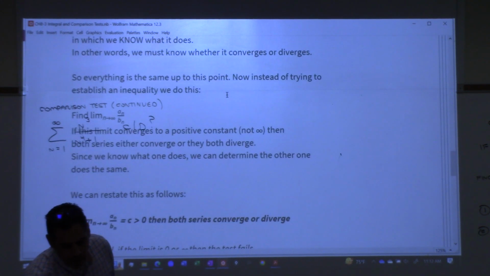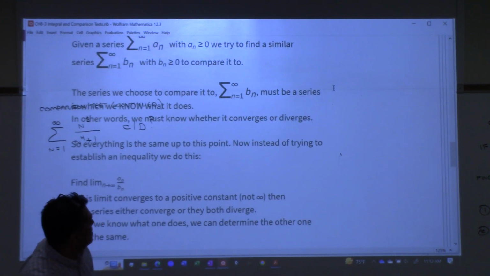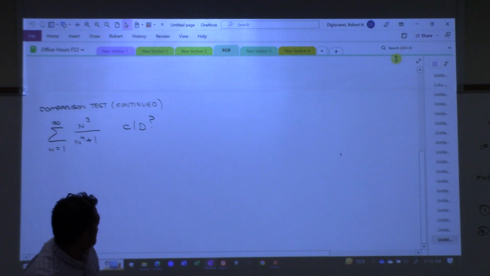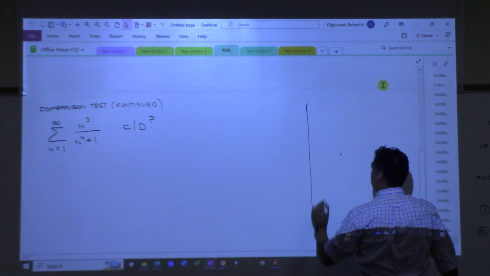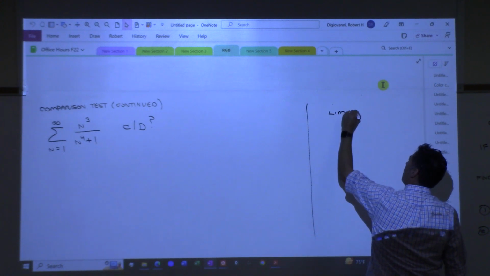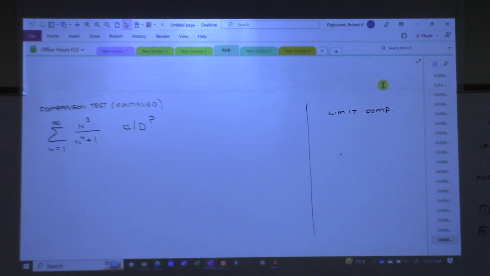So basically, it's all in the notes here, but basically what this test says is this. The limit comparison test. So this is the comparison test. This is the limit comparison test. Different wording there, right?